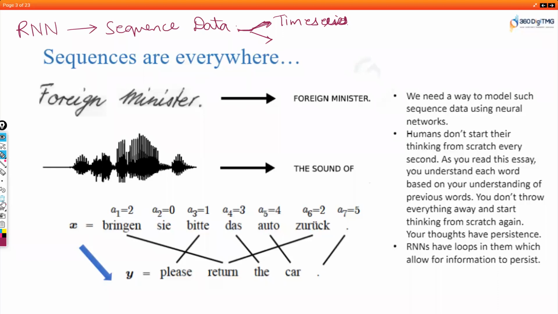Maybe you want to predict the next word in a sequence. Next word should be minister, maybe. So when you have such sequences, you use a recurrent neural network.